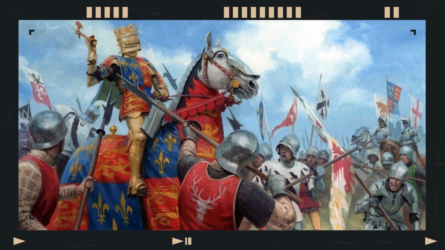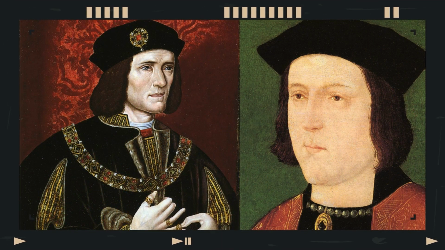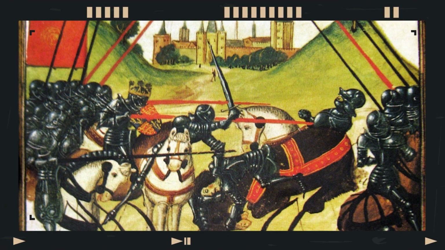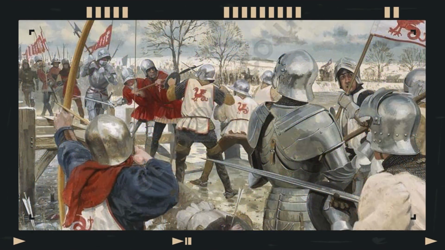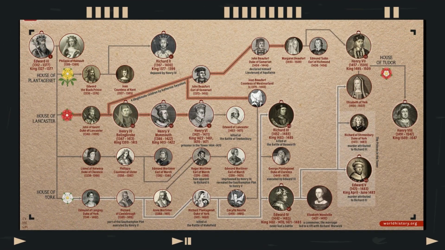In addition, the figure of Richard III became one of the most controversial characters in English history. For centuries, he was portrayed as an ambitious and ruthless villain, thanks in part to the work of William Shakespeare, who immortalized him in his famous tragedy, Richard III. However, the view has been re-examined and many historians have questioned the veracity of the accusations made against him.